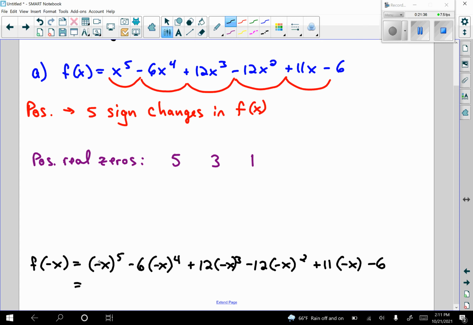So because this coefficient here is a 1, when I take negative x to the 5th, I just get negative x to the 5th. This part will still say x to the 4th, so we get minus 6x to the 4th. This will become a minus 12x cubed. This part will stay the same because I'm squaring it, so I get a minus 12x squared. Then we'll get a minus 11x and a minus 6.